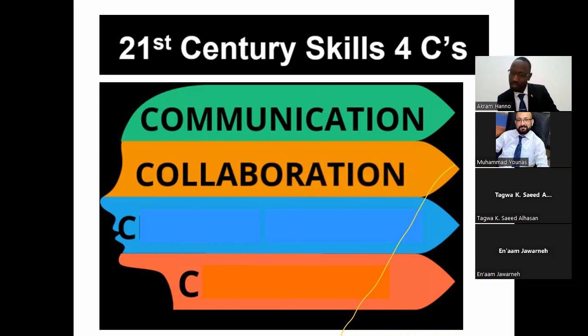Collaboration, working together, is called cooperative learning, when you cooperate or work in collaboration with your students.